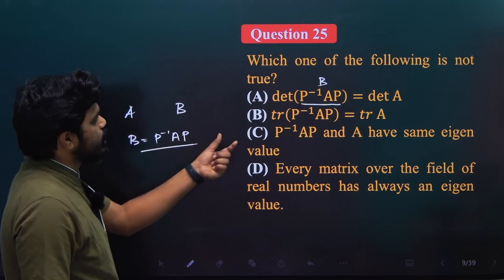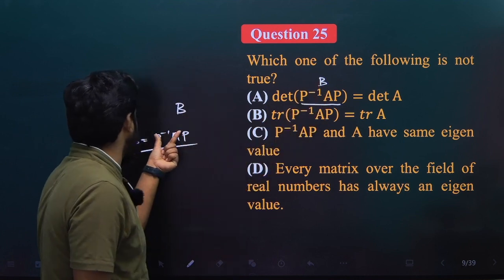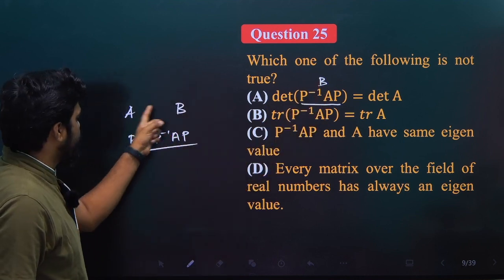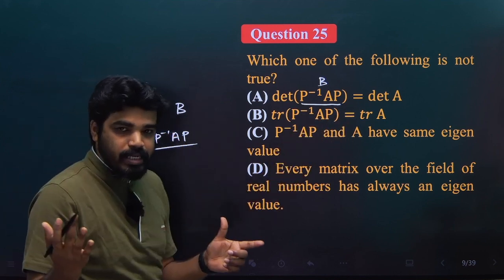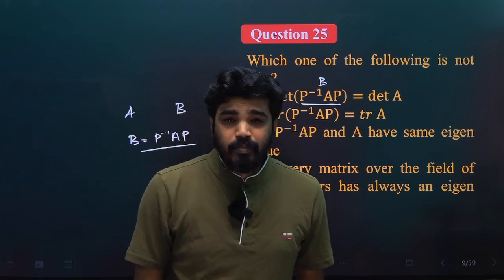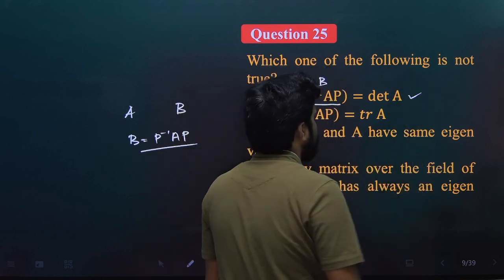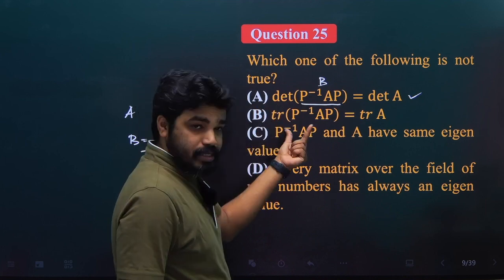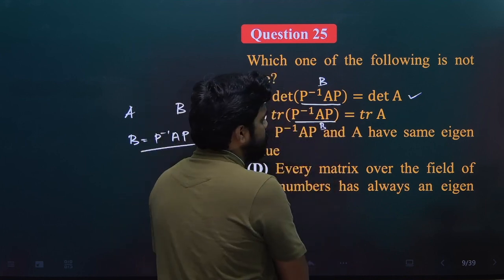So A and B are similar, and similar matrices have the same determinant, same trace, same rank, so option A is true, right? Same trace, so basically this is B, right?